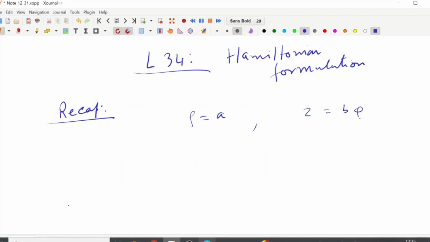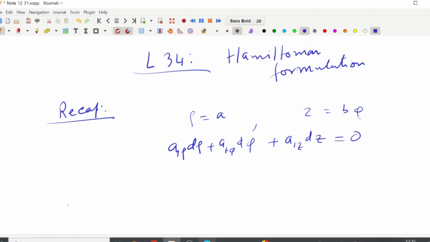So, these constraints you can write in this notation: A1 rho d rho plus A1 phi d phi plus A1 z dz equal to 0.